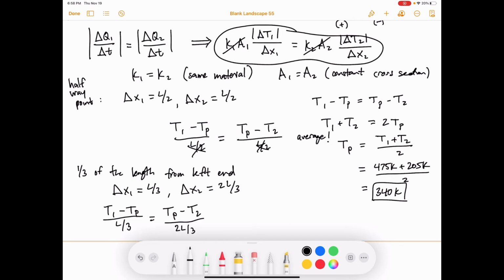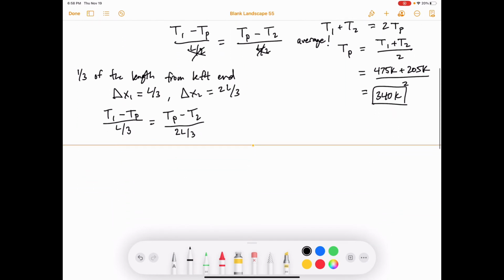So that's what we need to solve for. So first thing we can note is that we can cancel out L and the 3. So I have T1 minus Tp equals a half times (Tp minus T2). So I have T1 minus Tp equals a half times Tp minus a half times T2.